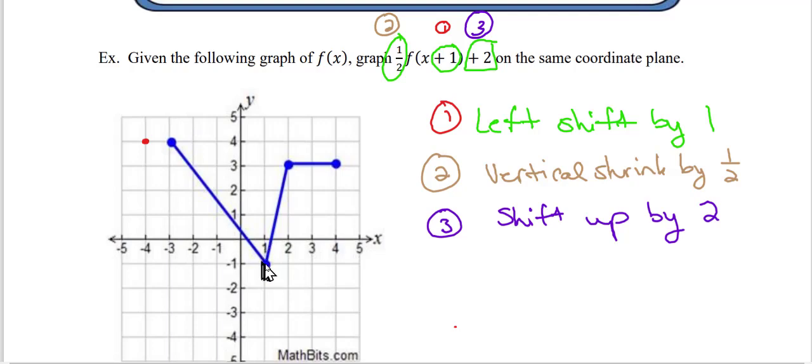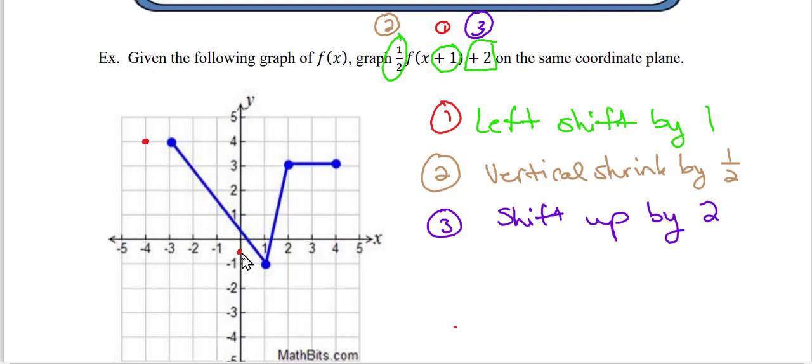Okay. Let's do this point that's at 1, -1. Let's do the exact same thing. And then we will connect those 2 dots because the relationship between those is still going to be linear. Okay, we're at 1, -1. Shifting it left by 1 takes it over to be right on the y-axis at 0, -1. Shrink by 1/2 will take it to this point, because you're taking that y value of -1 and multiplying it by 1/2.